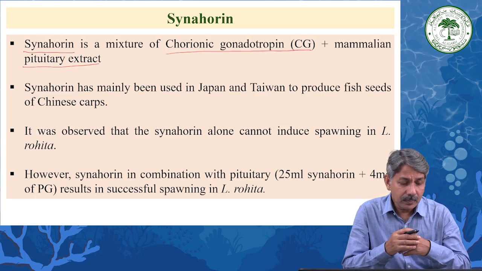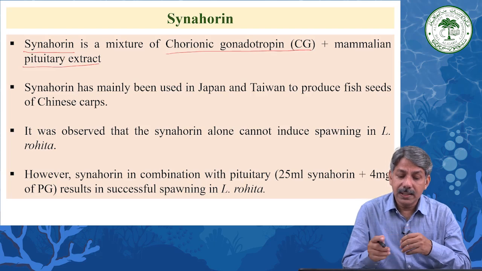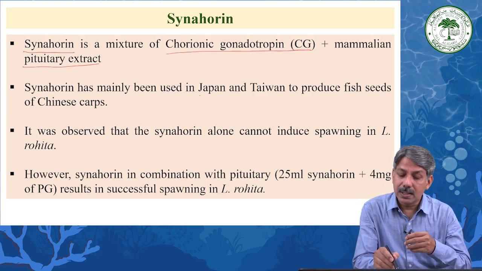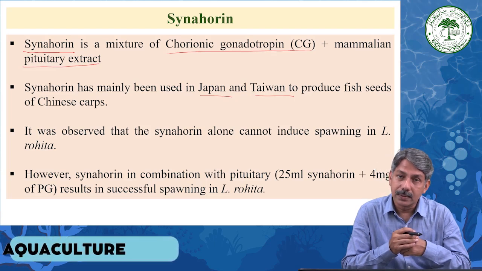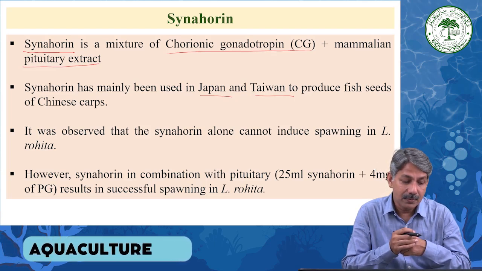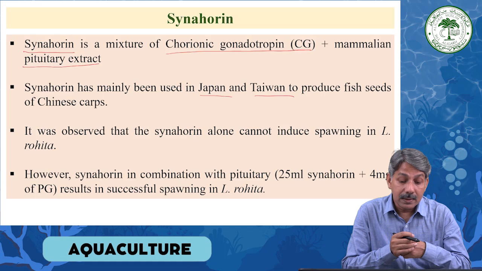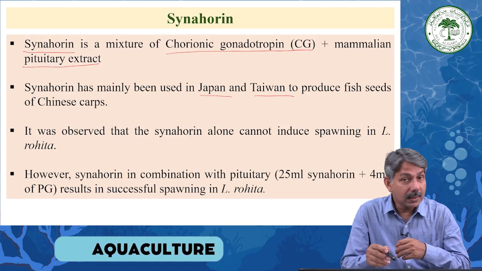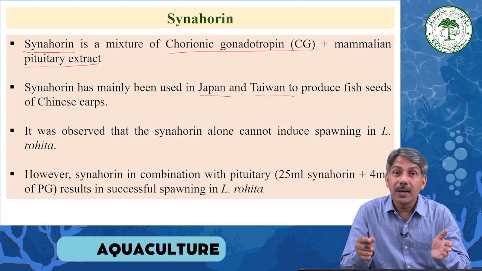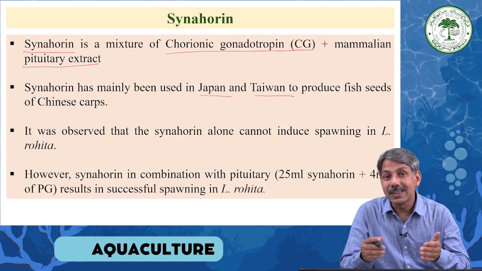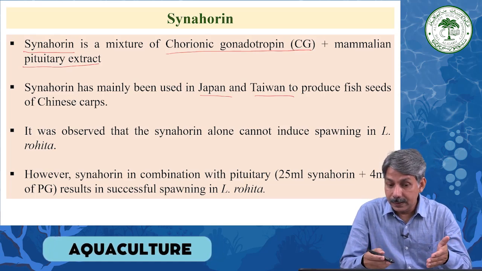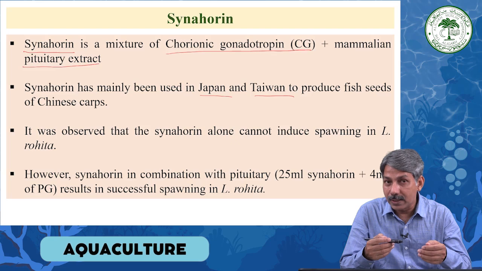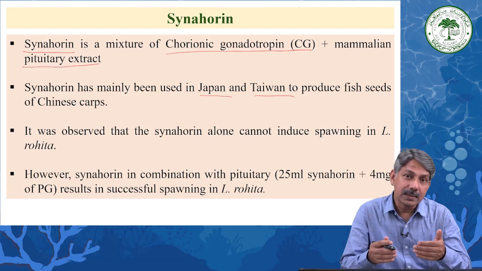Cyanohorin has mainly been used in Japan and Taiwan for producing fish seeds, and they have got very encouraging results with it. But cyanohorin in all the fishes may not produce the same result as in any other species. For the earlier one, HCG, I also told you that sometimes it is used in combination with pituitary gland.